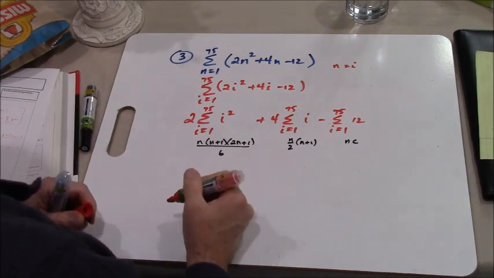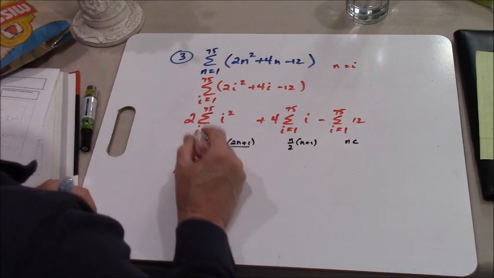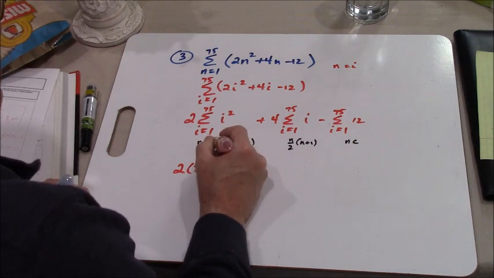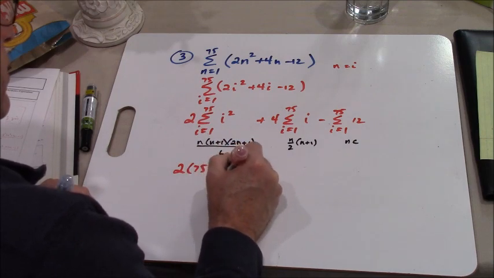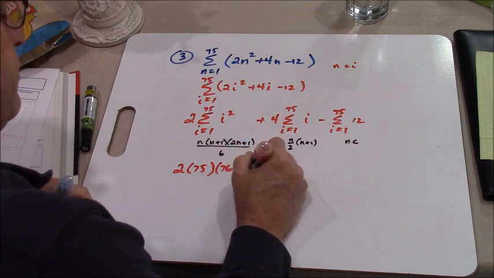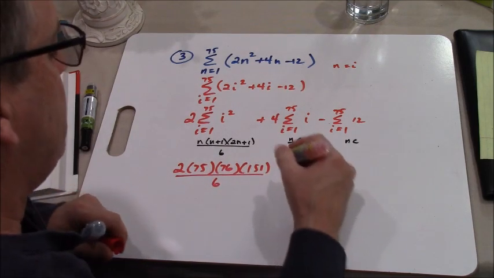So I've got the 2 that's out in front times the n value, which is 75, times 75 plus 1, that'll be 76, times 2 times 75, that's 150, plus 1. And then divide that whole thing by 6.